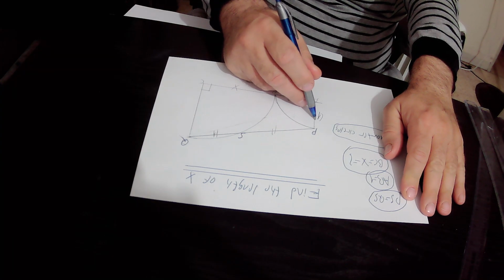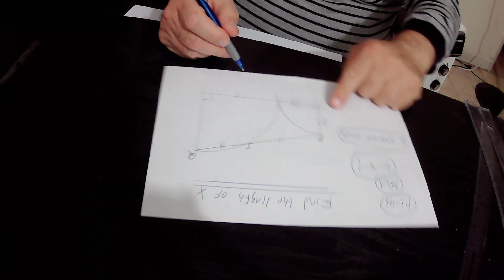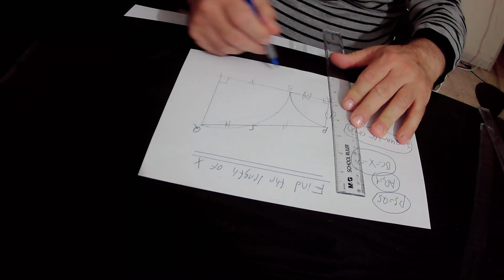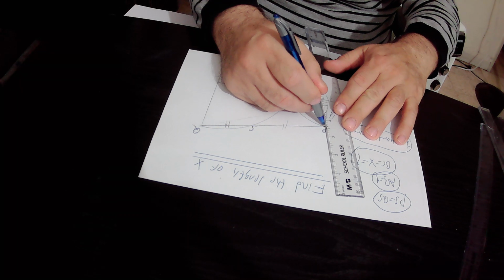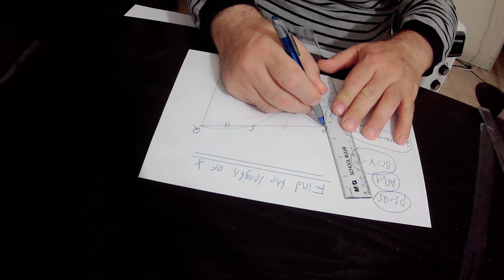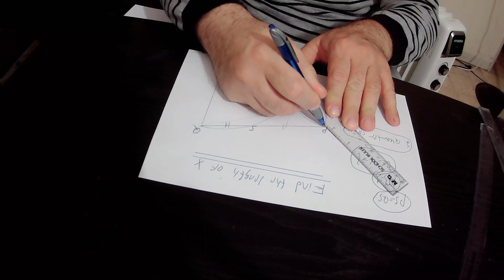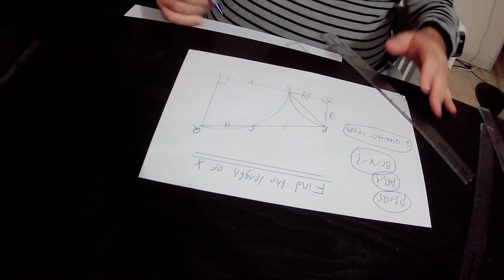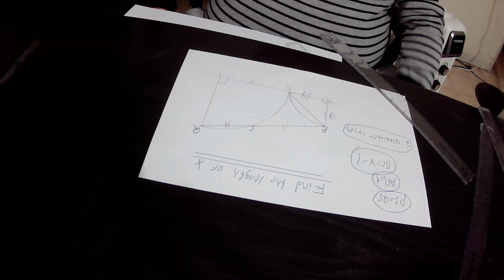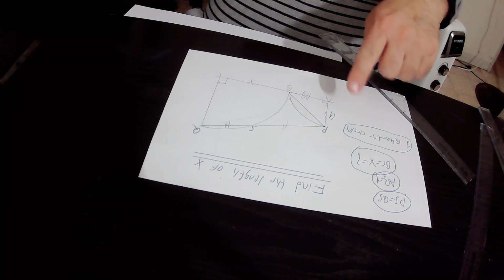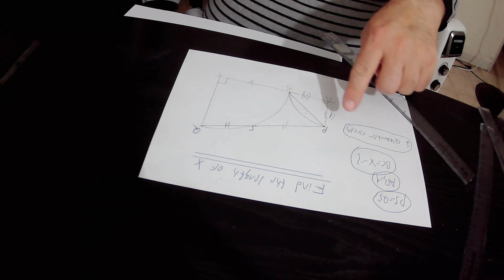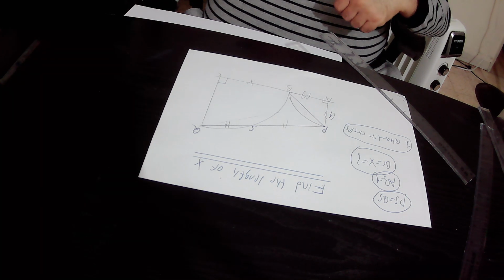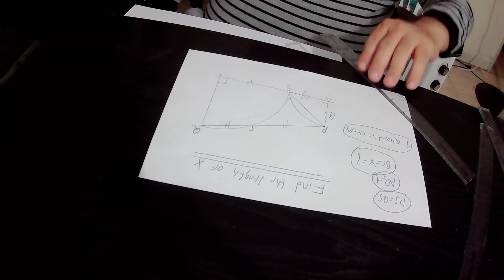In the next step, we'll join points P and B together by a straight line. By joining points P and B, we created the right triangle, triangle PAB. So I'll copy the right triangle PAB in a new page, and we will implement the Pythagoras theorem on this right triangle.